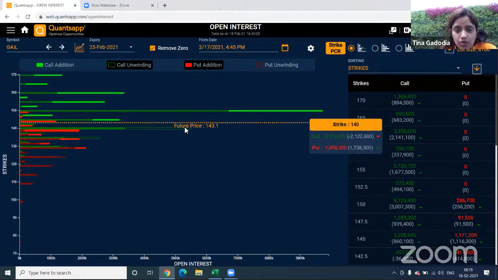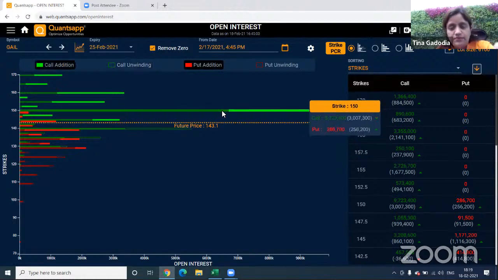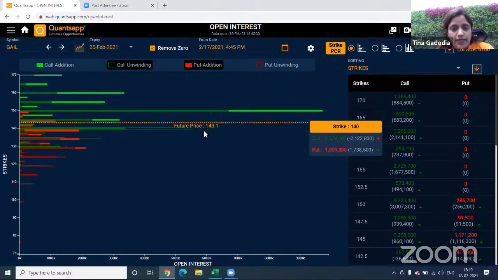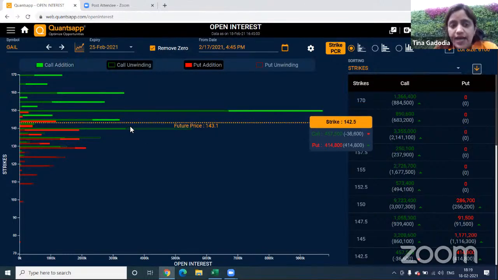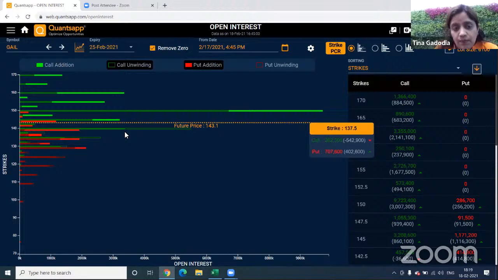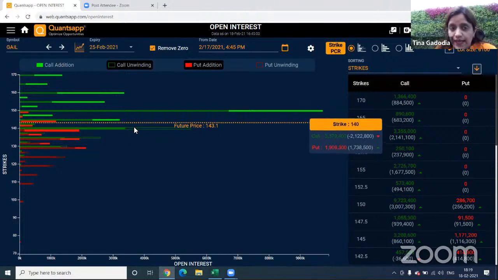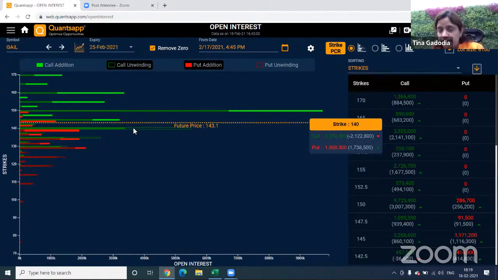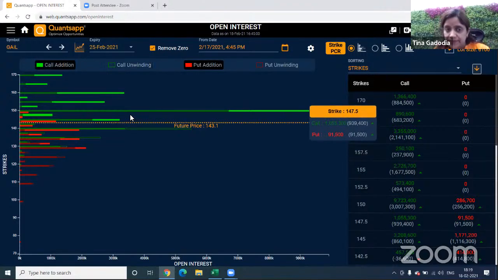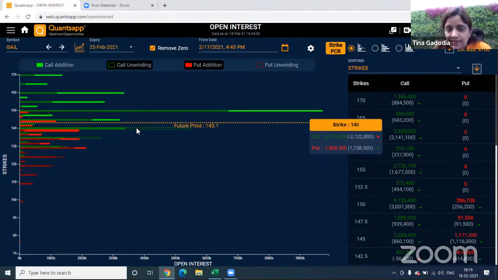So let's assume that in the morning we have the 140 call and then directly the 150 call in Gail. The moment we start seeing that the price is moving above the highest call and we see a reduction taking place in this strike, that shows the nervousness will come up and this will take the prices higher because there is a risk.